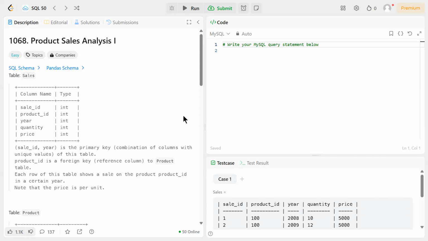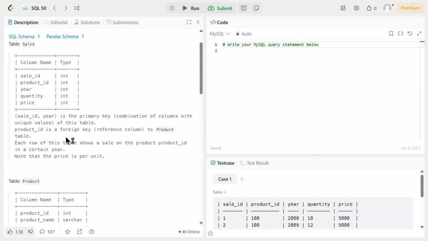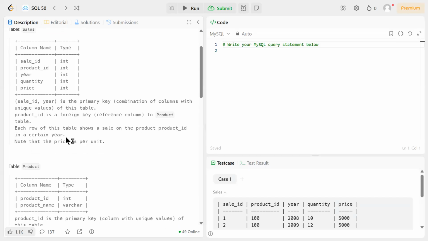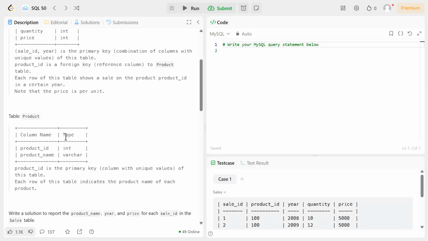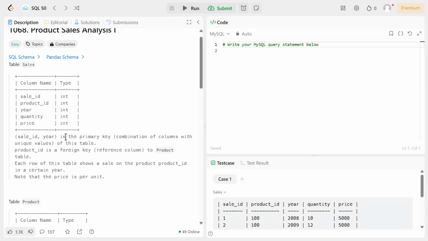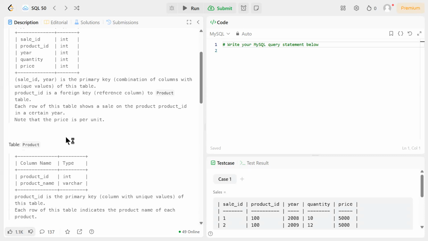Let's break down the problem step by step. As we can see here, we have been given two tables. The sales table contains the information about sales transactions, and the columns are sale ID, product ID, year, quantity and price.